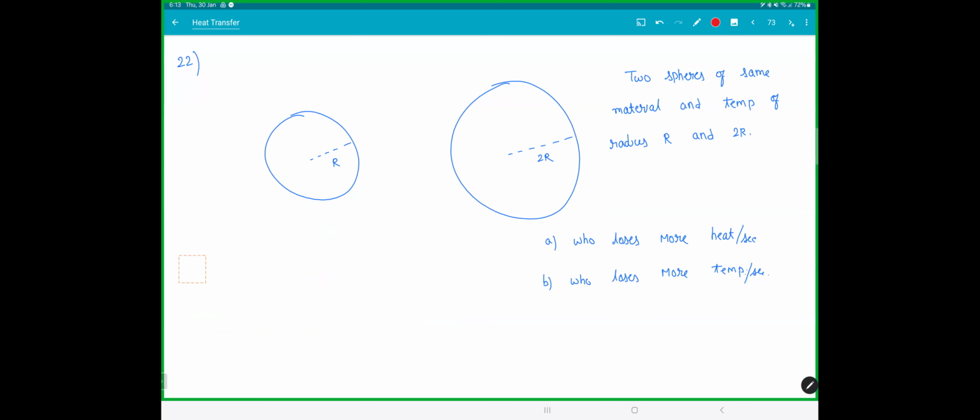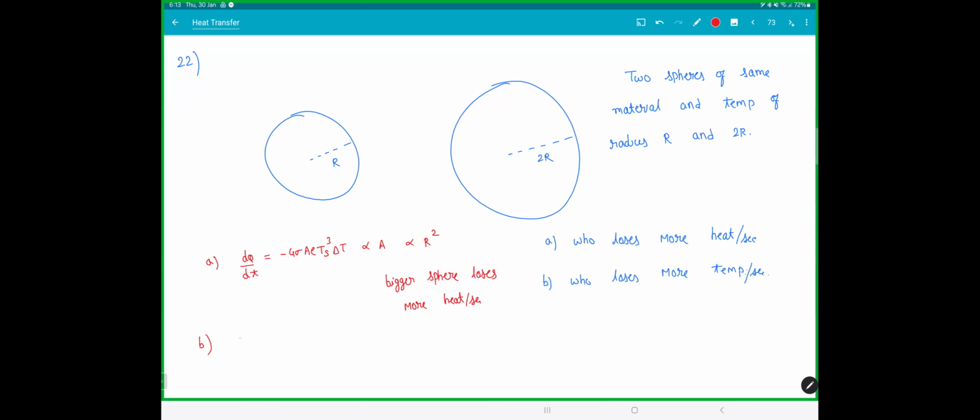Now in this question, the first one, dQ by dt, which is minus 4 sigma A E T_S cube delta T, is proportional to area, proportional to r square. So the bigger the body, the more heat it will lose. So the bigger sphere loses more heat, at least initially.